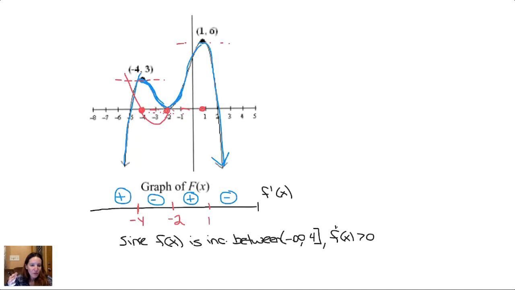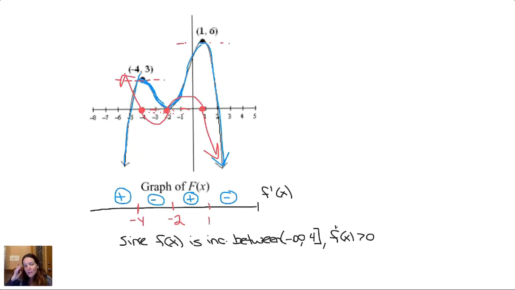I don't have enough information to tell that, but I can get a general idea. And then from -2 to -4, my derivative is positive again, so I'm above the x-axis. And then from 1 to infinity, my derivative is negative again, so I'm below the x-axis. So you get something that looks roughly like that, right? Again, not precise or specific, but a general shape is what that would look like.